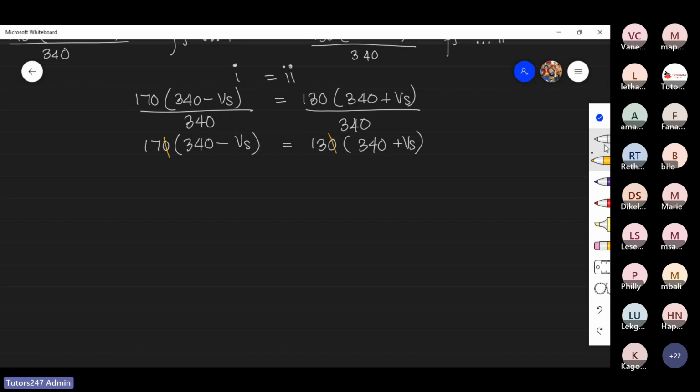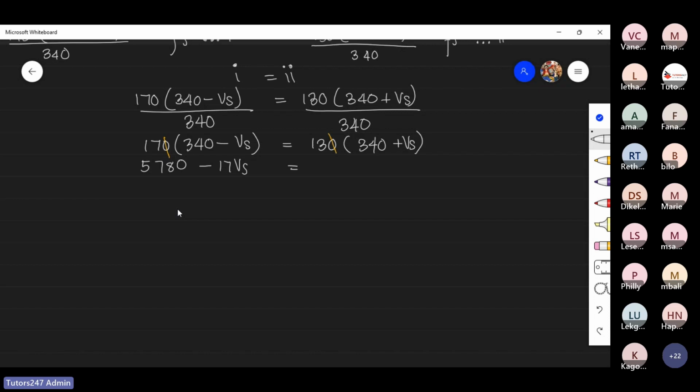Now, once we multiply 17 with 340, we end up with 5,780. Once we multiply 17 with VS, we end up with negative 17 VS. From here, we're going to do the exact same thing that we did on the left-hand side, which is multiply the 13 into the bracket.